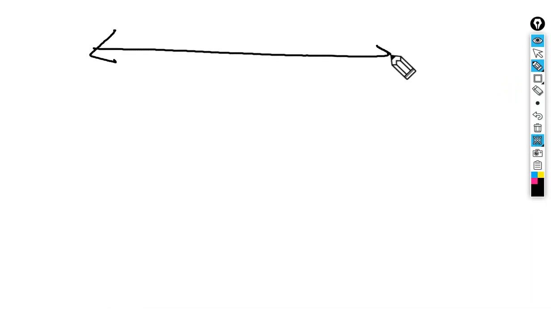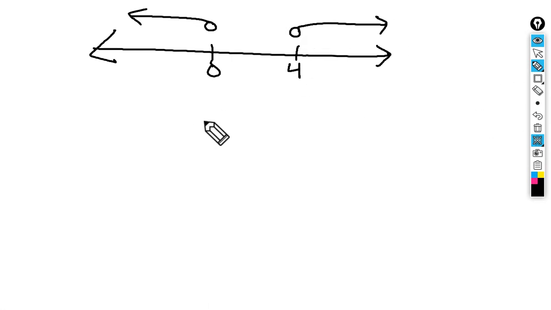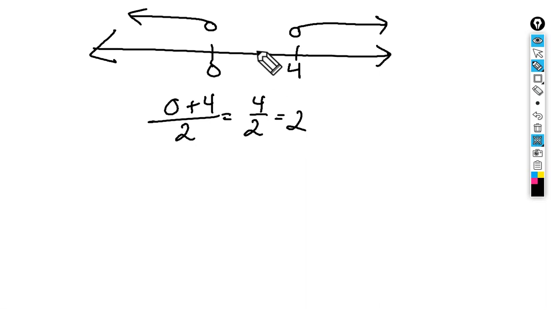Get funky. What if I get real crazy? I still need the center of the graph, right? Which is exactly between my endpoints. So 2. All right, so 2 is the middle.